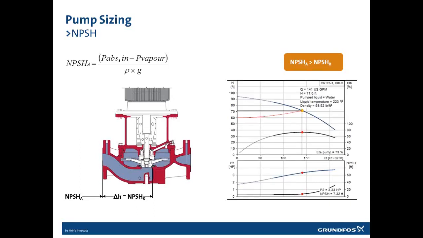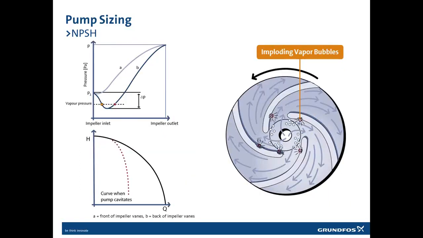If we take a further look at NPSH and what is happening when we are talking cavitation, what is happening is that at the eye of my impeller right here, because I'm sucking in the water, I am creating a lower pressure than the pressure in my suction line. Because I'm lowering the pressure, that can create steam bubbles. And those steam bubbles follow the water flow.